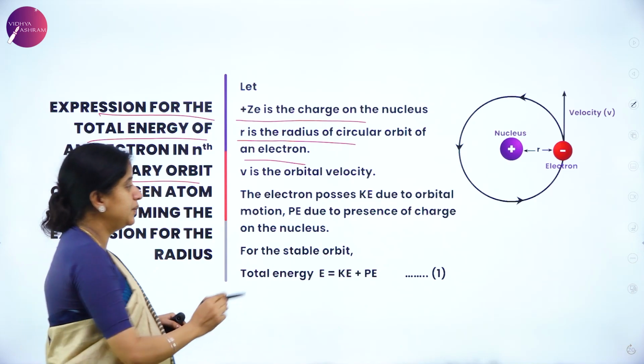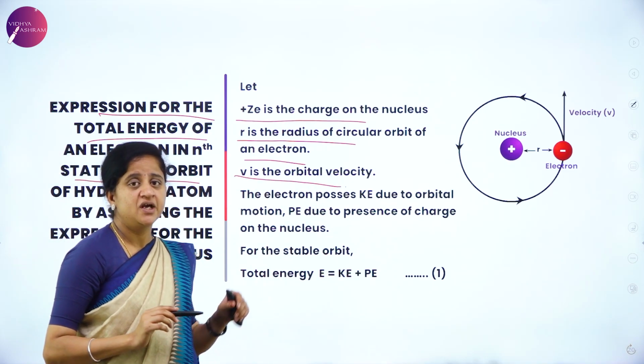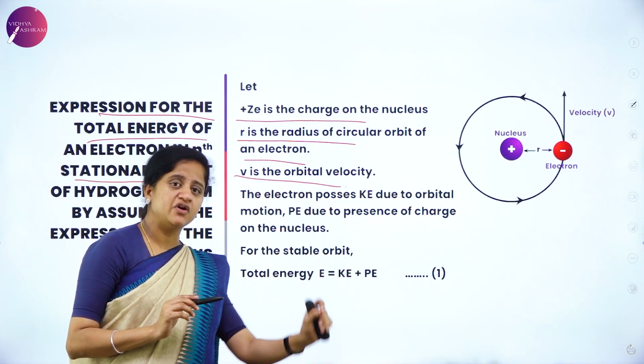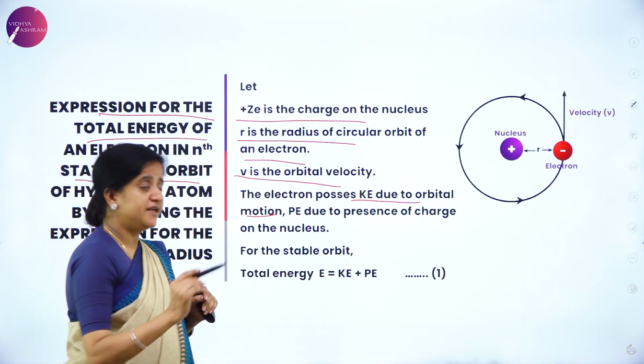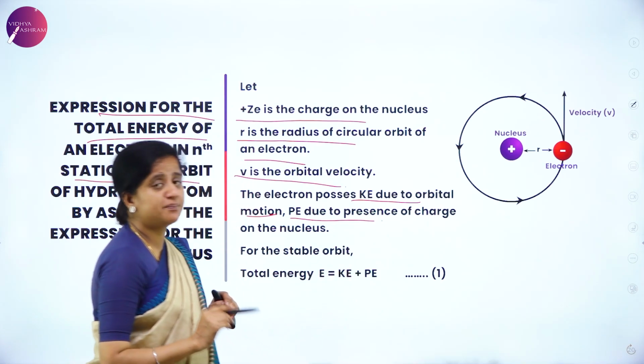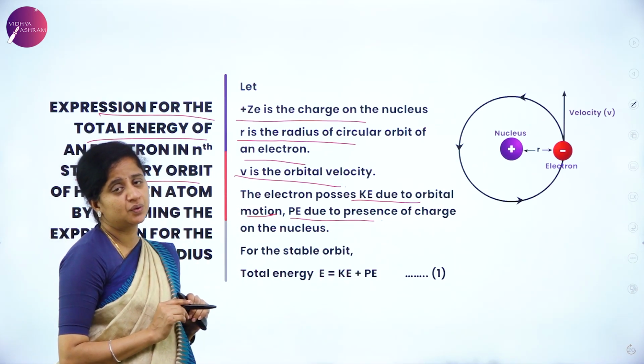As I said, v is the orbital velocity. Now, if the electron is moving in its own orbit, it possesses kinetic energy due to orbital motion, and it also possesses potential energy due to the presence of charge on the nucleus.